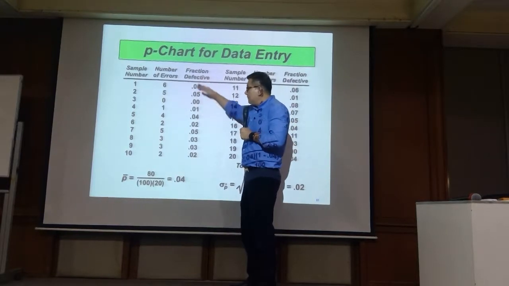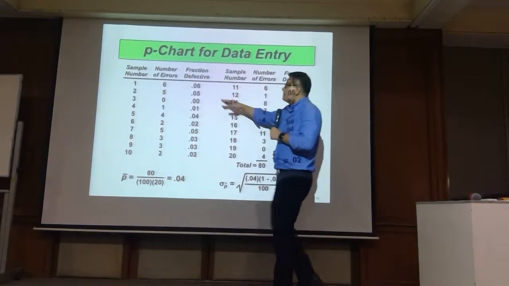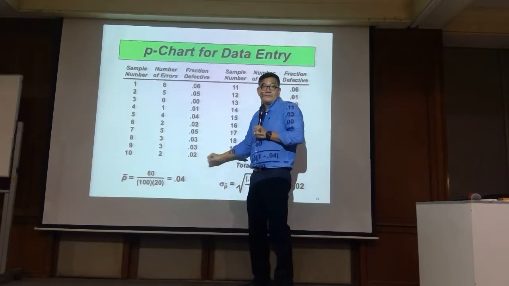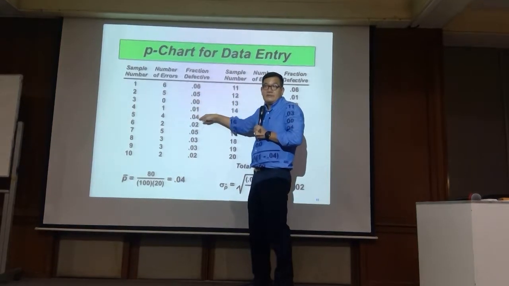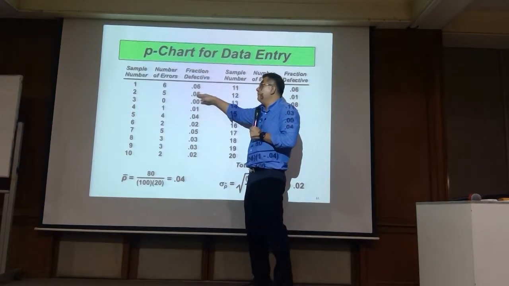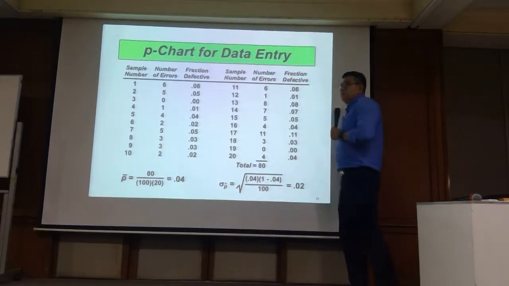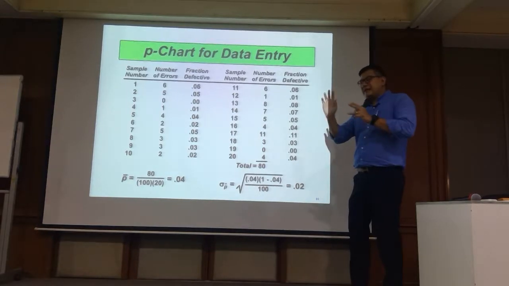If I do something like this for 20 hours, I'm going to have 20 points of fraction of defective product. This is the one that we're going to plot, the fraction of defective product. How about the mean, P bar? You can calculate P bar 2 ways. It's actually the same.